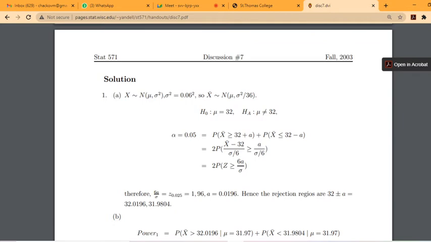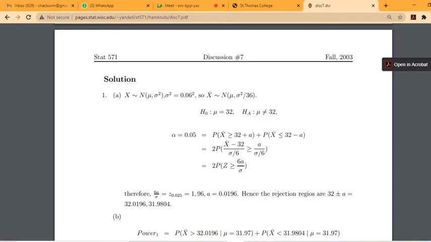We are assuming in this problem that X follows N(mu, sigma square), and it is given that the standard deviation is 0.06. So sigma square will be 0.06 square. So what is the distribution of x bar?